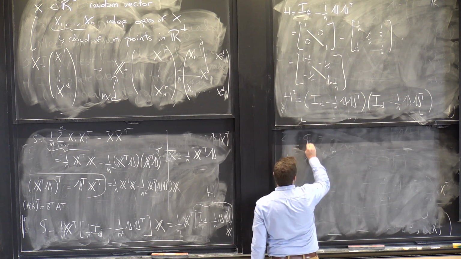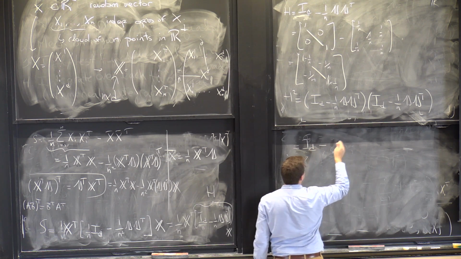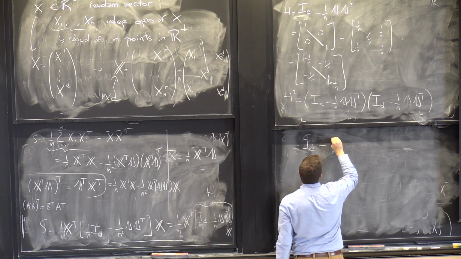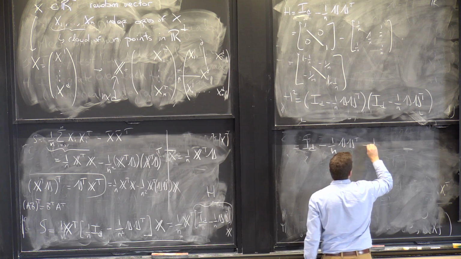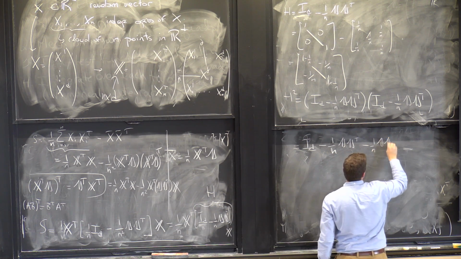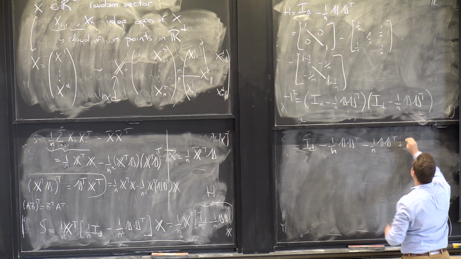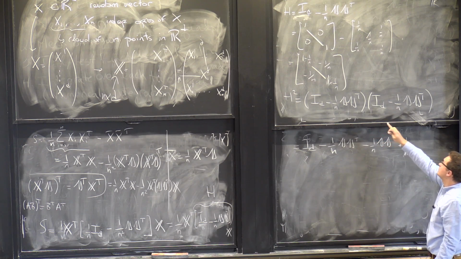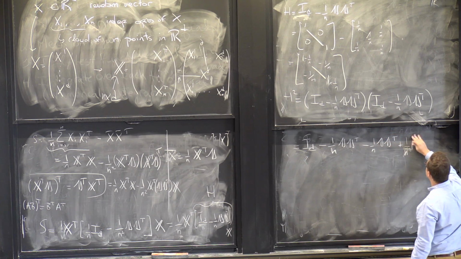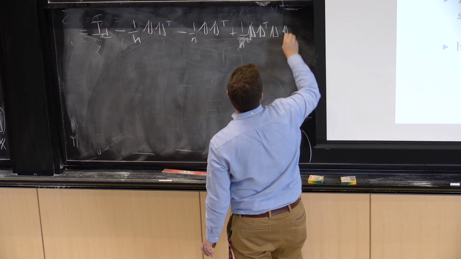Let's just expand this now. This is equal to the identity minus, well, the identity times 1, 1 transpose is just 1, 1 transpose, sorry. So 1 over n, 1, 1 transpose minus 1 over n, 1, 1 transpose. And then what makes the deal is that I get this 1 over n squared this time. Let's write it completely. I get 1, 1 transpose times 1, 1 transpose.